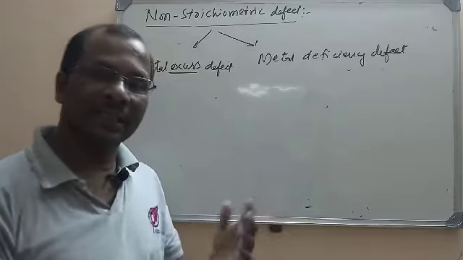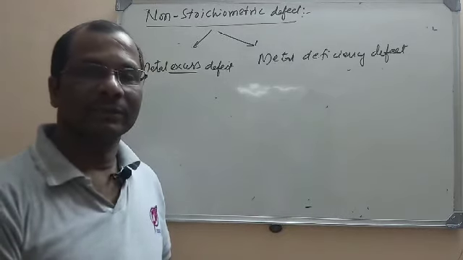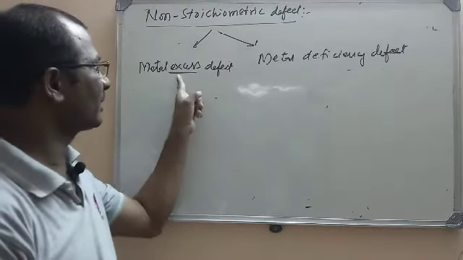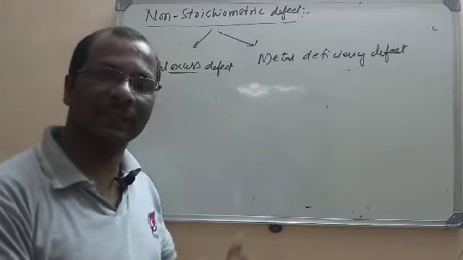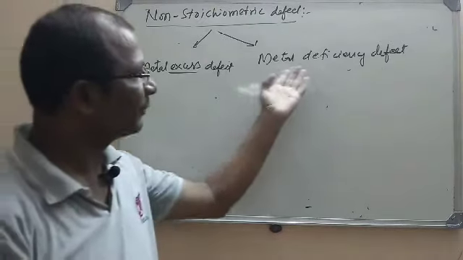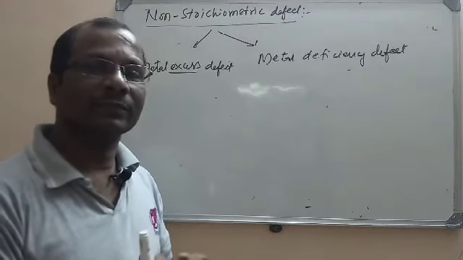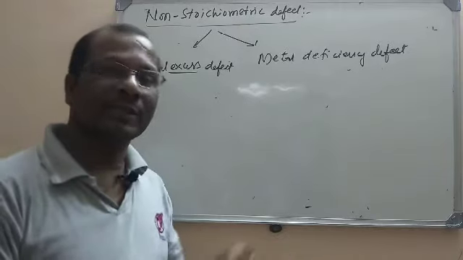Even if one girl is absent from that class, the number of boys will be more. So here, the stoichiometry will be disturbed due to the presence of metal excess defect. If excess of metal is present, that will affect the stoichiometry. Even the deficiency of the metal, if the metal ions are decreased, then also there will be disturbance to the stoichiometry.